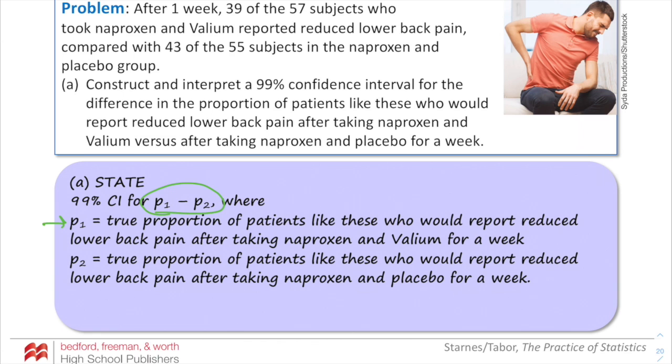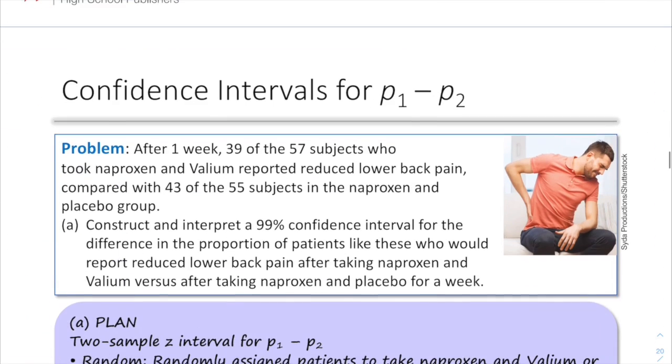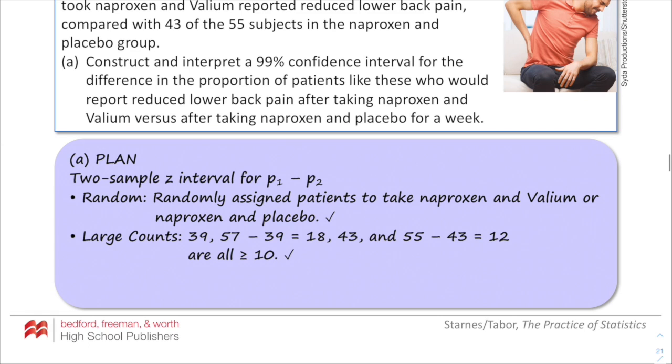And here we define what P1 and P2 both are. Now, this is a two-sample Z interval. So if you're going to use your calculator to do all of this math work, make sure you're using the two-sample Z interval function. Random, they were randomly assigned into their treatment groups, and then we check the large counts condition. Remember, we do not have to do the 10% situation here.